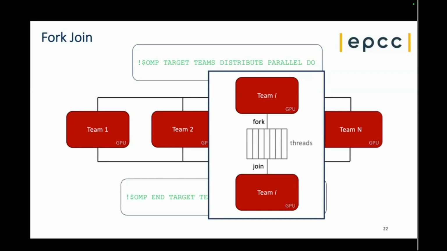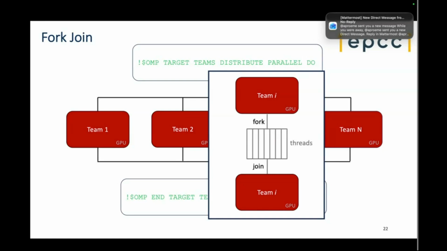So whenever you create a team, the difference from what you probably will do on the CPU is that on the CPU, you typically don't use teams. You can. Teams are not anything new in OpenMP.